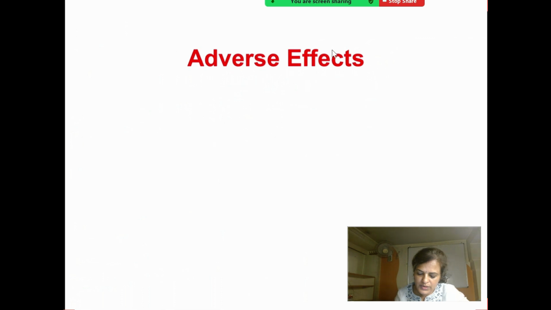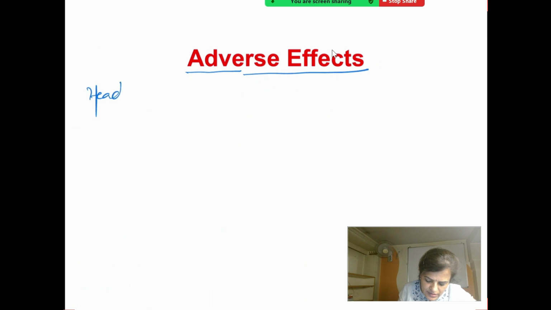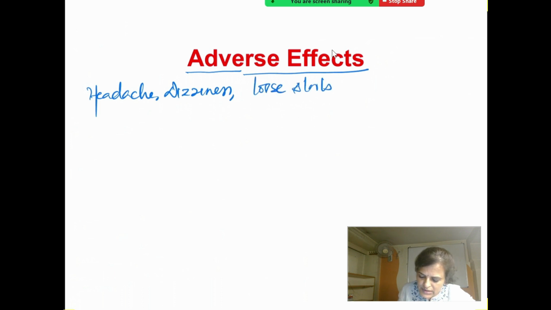Now coming to the adverse effects of this group of drugs. They are quite well tolerated. Minimal side effects are seen, like headache, dizziness, loose stool, because it's a prokinetic drug, and it acts by blocking the D2 receptor. It enters the brain.